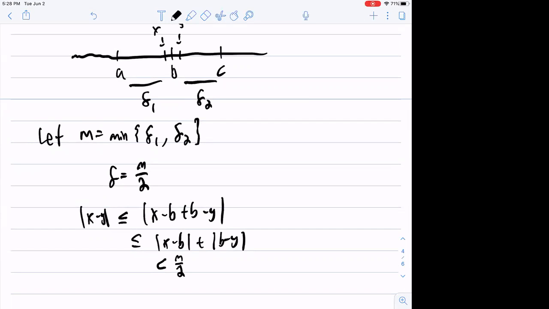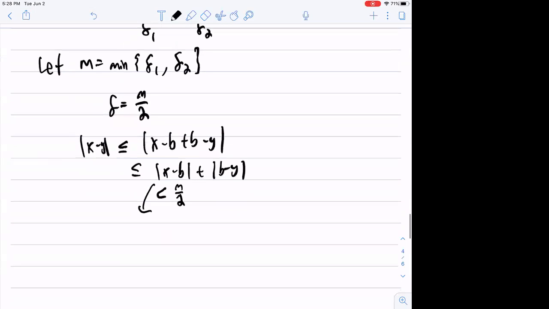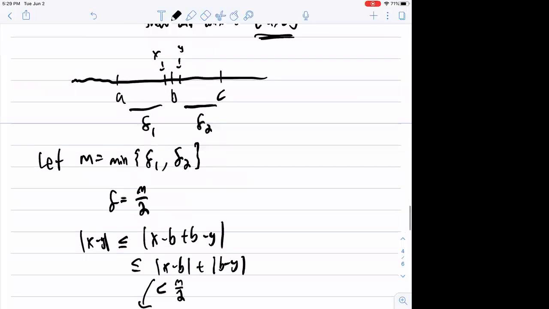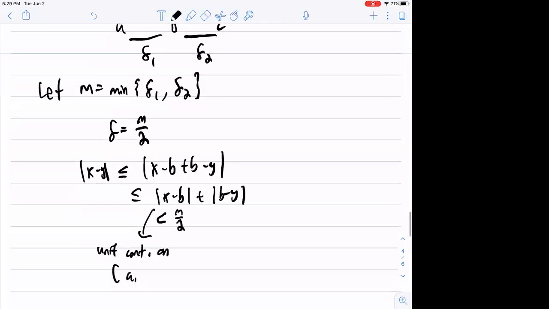So since it's less than m over 2, you can use uniform continuity on, where's x, a to b, and then this thing is less than m over 2.